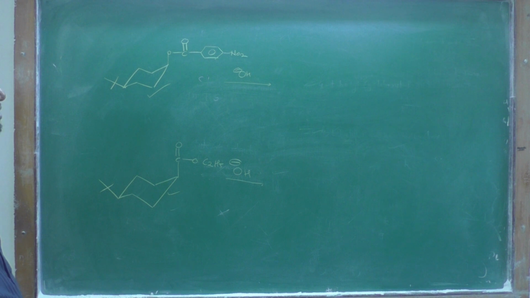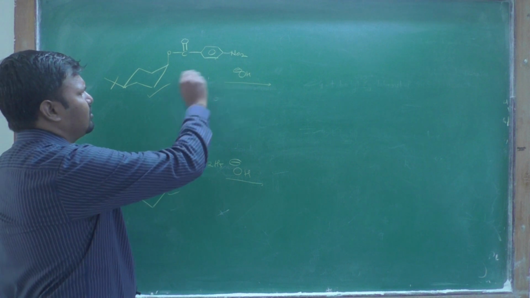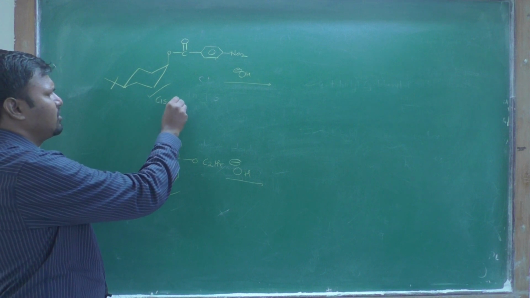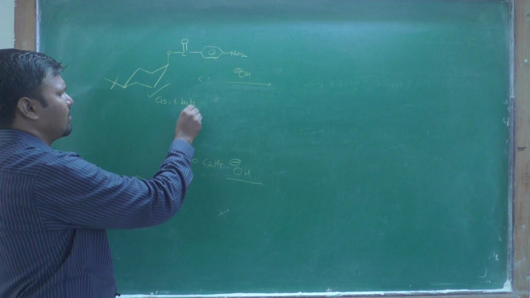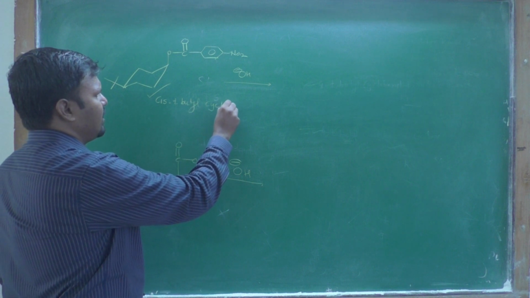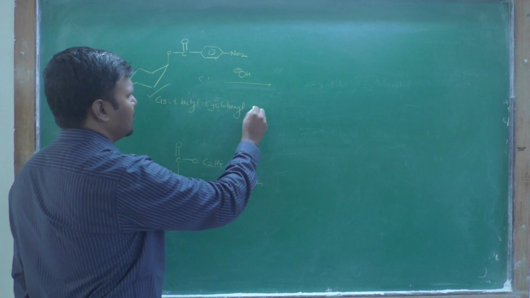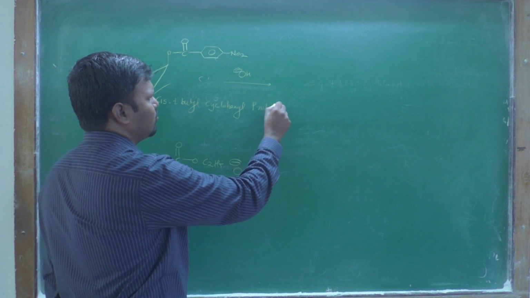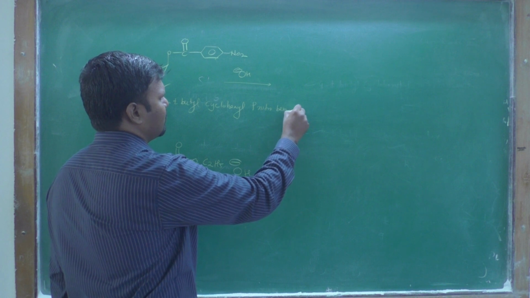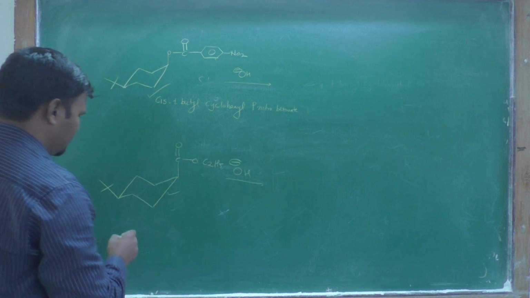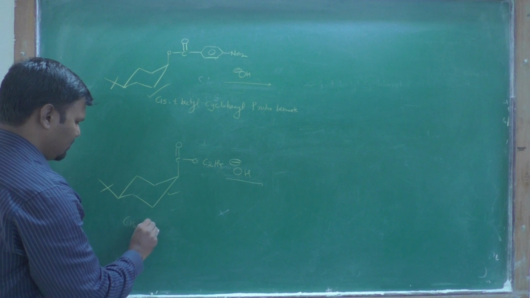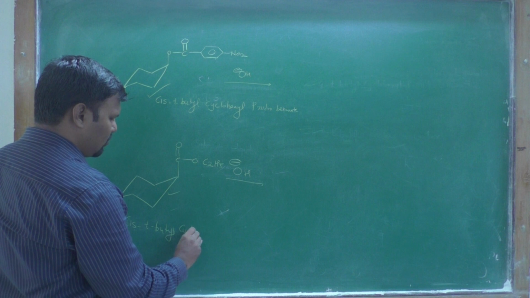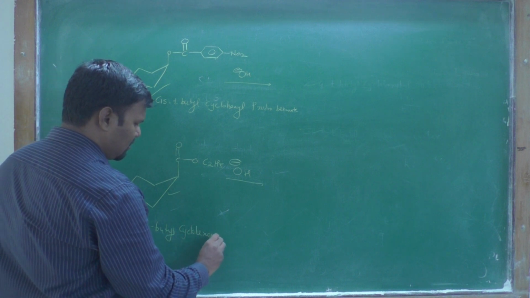When you add the OH minus to this, our cis compound, cis tertiary butyl cyclohexyl para nitrobenzoate, this is our second compound, cis tertiary butyl cyclohexane carboxylate.